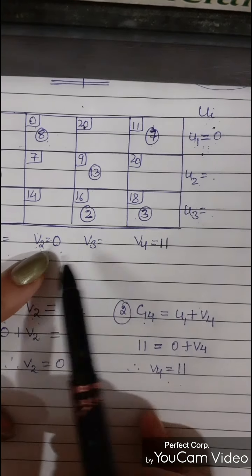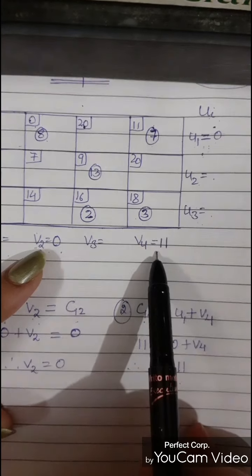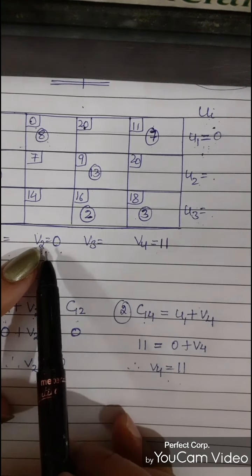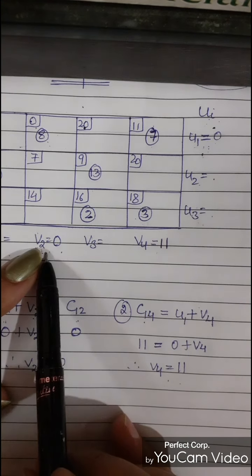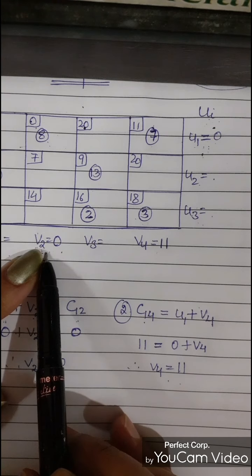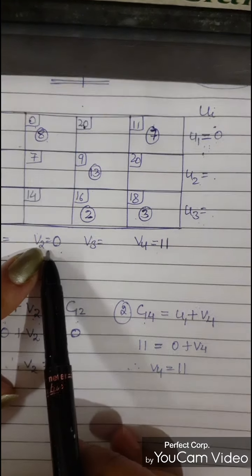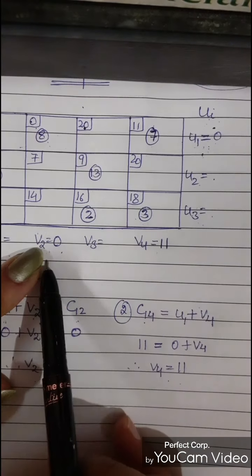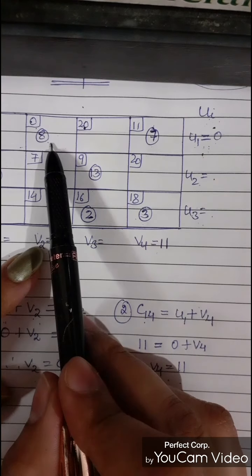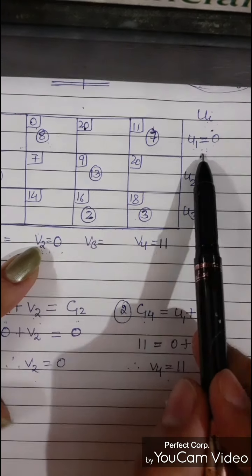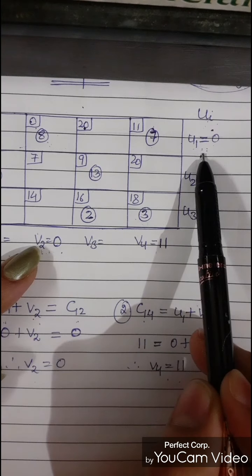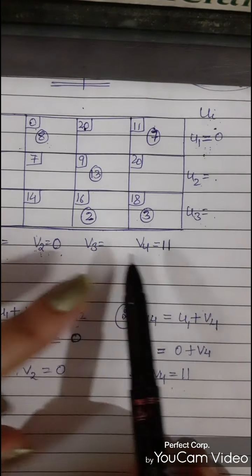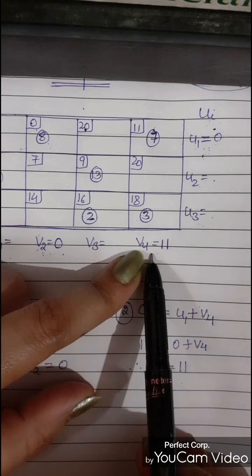We have to use these values now. So if I am having the value of V2, then I have to see that do I have any allocation respective to this value? Yes, I'm having an allocation 8, but I'm already having U1 equals to 0. So I just need to move to the next value I have calculated.